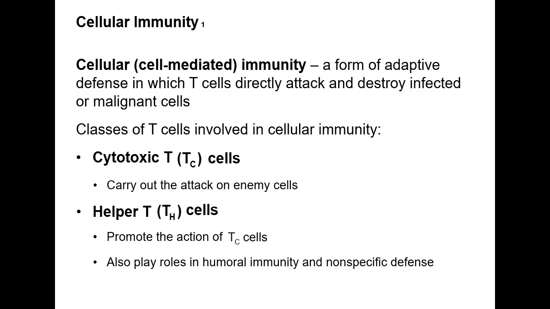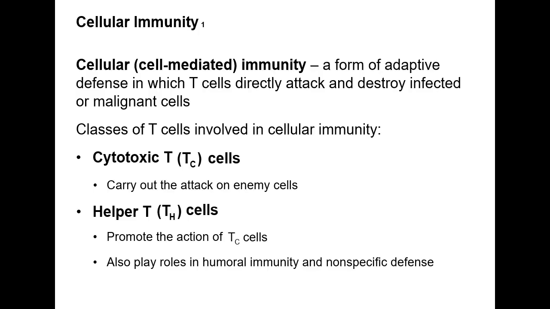Helper T cells help promote the action of cytotoxic T cells by producing chemicals that recruit those cytotoxic T cells to areas of infection. They're also going to play a role in recruiting B cells, which are part of the humoral immune response, and recruiting other types of white blood cells that are more part of the innate immune response. They're going to play a big role in recruiting all of those cells to the site of infection.